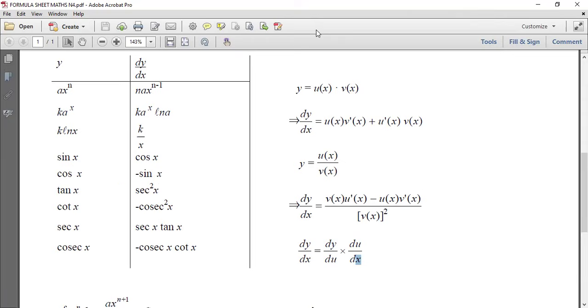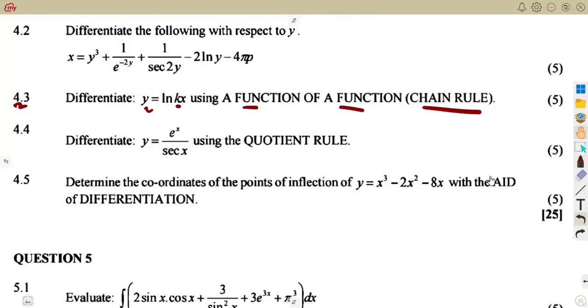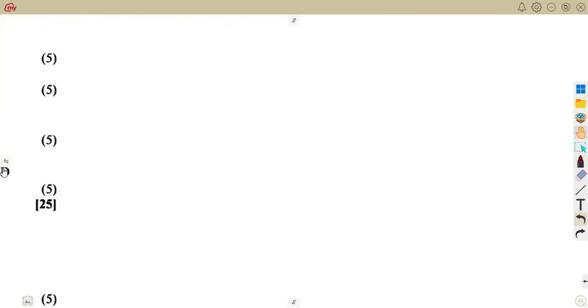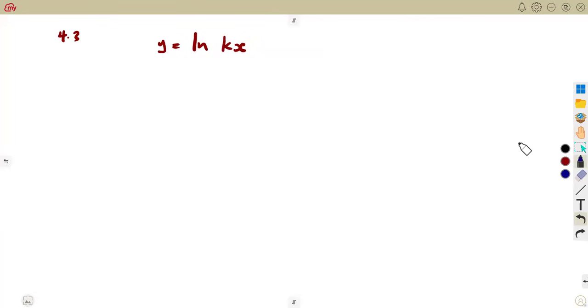So this is what we need from our chain rule. We are given y is equal to ln kx, sorry for that. So that's 4.3. This is what you're given, and we need to apply function of a function. As we saw, the derivative of y with respect to x must be taken from the derivative of y with respect to u times that of u with respect to x.